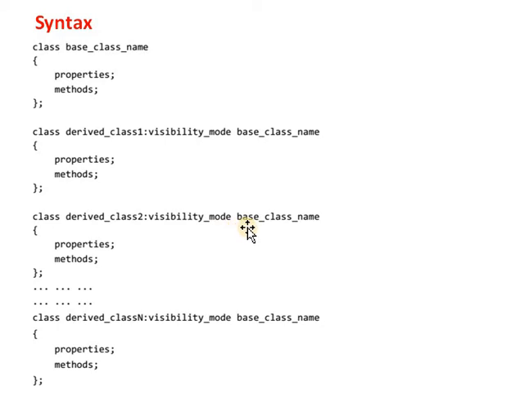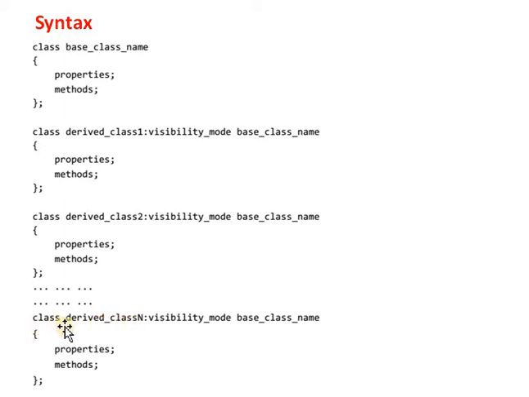After the visibility mode, we write the same base class name as used earlier. Then again we write the properties and methods associated with that particular class. In this way, we create n number of derived classes from the same base class. Then here is the final derived class definition.